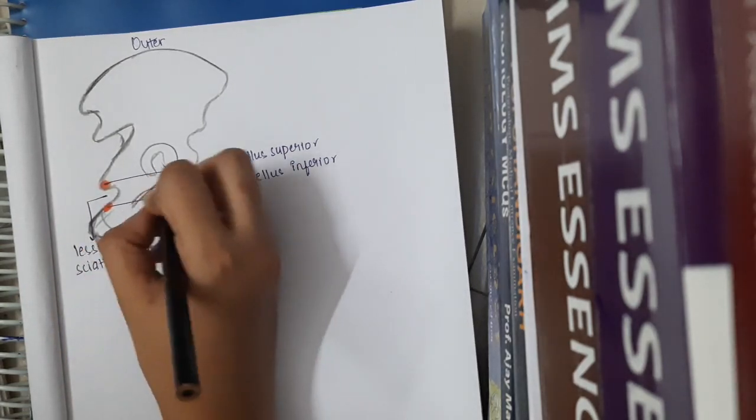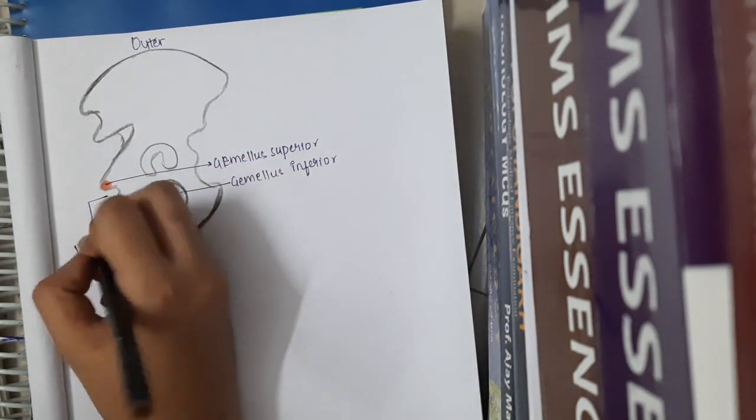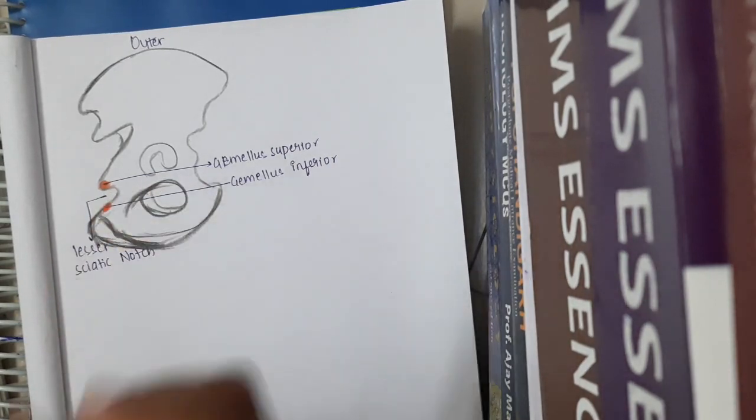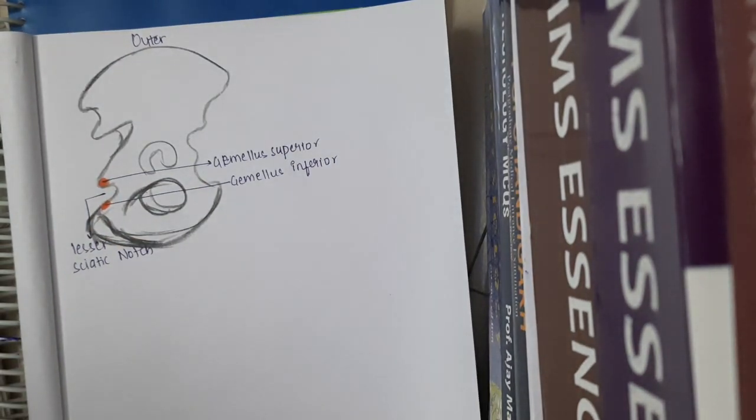I'm sorry about it. Anyway, this is the ischial tuberosity, and to this ischial tuberosity the lateral margin is attached. Those are the lateral borders. Now we will see the surfaces.